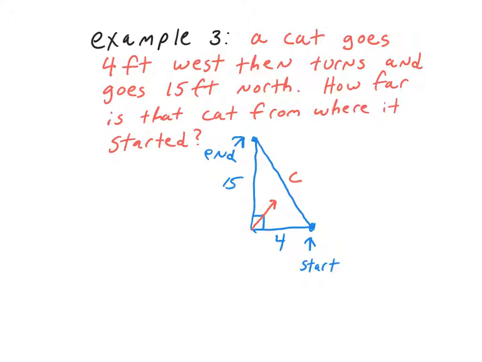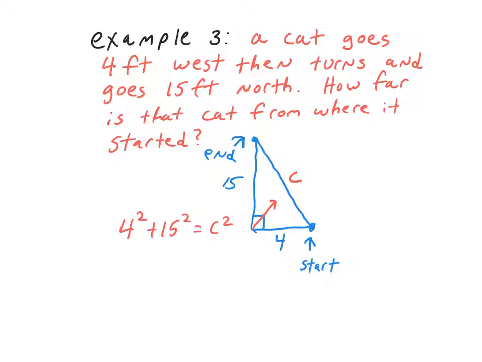We're going to set it up like this. We can do either 4 or 15 for a. I'm going to use 4. So we'll do 4 squared plus 15 squared equals c squared. That's going to give me, let me erase that.